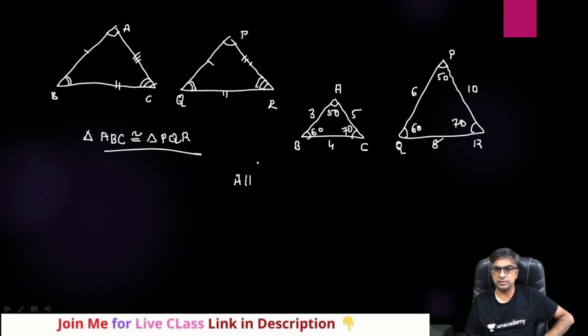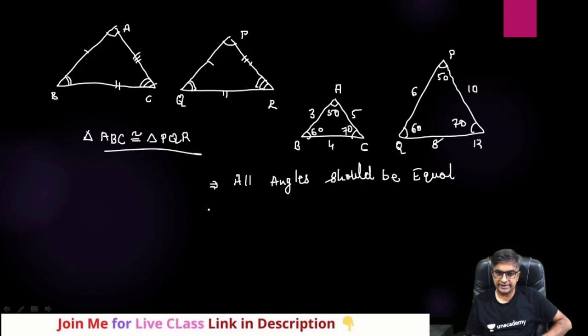When you can say similar, there are two conditions you need to keep in mind. One is that all angles should be equal, and sides should be proportional. Now what is proportional? That I will tell you.